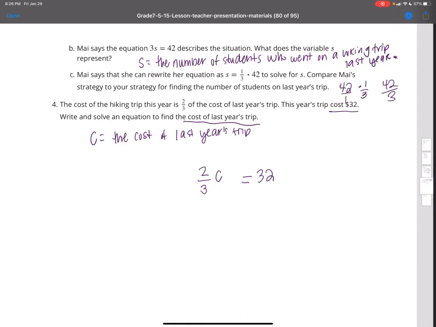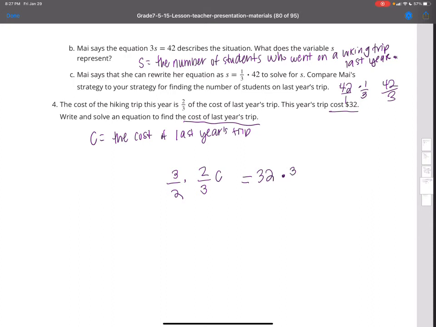We want to multiply by the reciprocal of 2/3, which would be 3/2. So I'm going to multiply by 3/2 on one side and on the other side because equations crave balance. That's why they're called equations, because they have to be equal to each other.